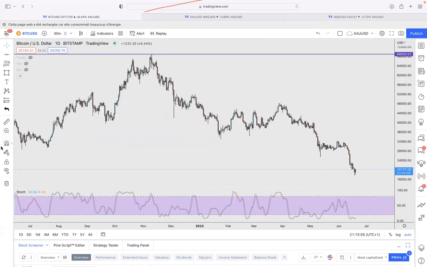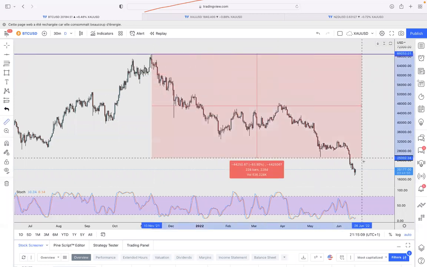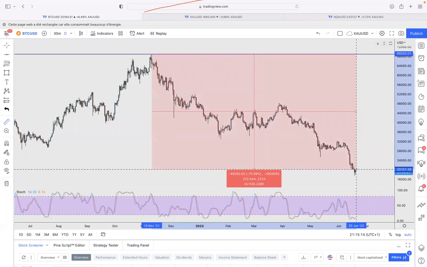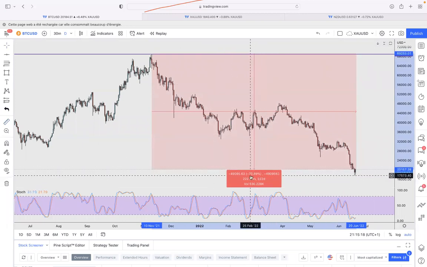Currently Bitcoin has dropped, and it's down by 70%, and it's at 20,000.